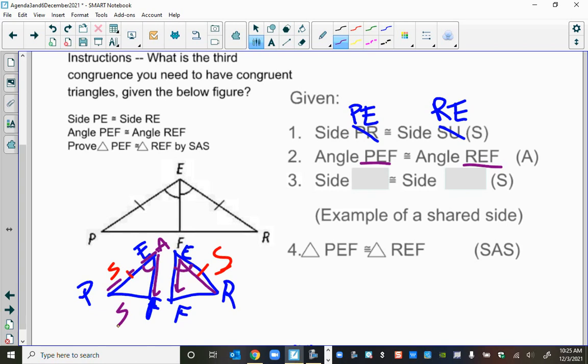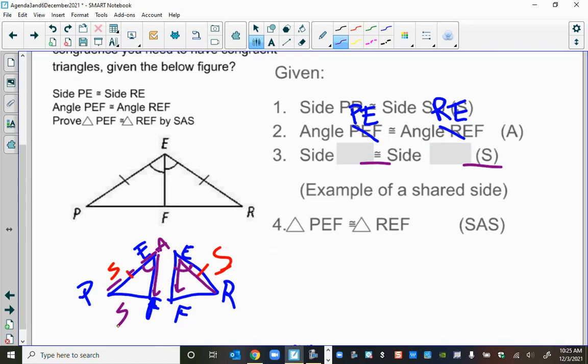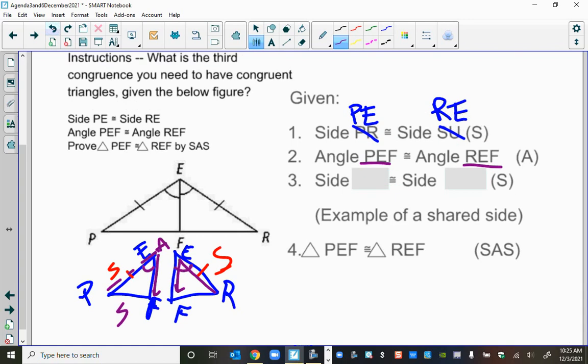No. PE we already have, so PE is already there. PF we can't use, because if we use PF here and RF, that's not going to work, because you skipped an angle and you skipped something else.